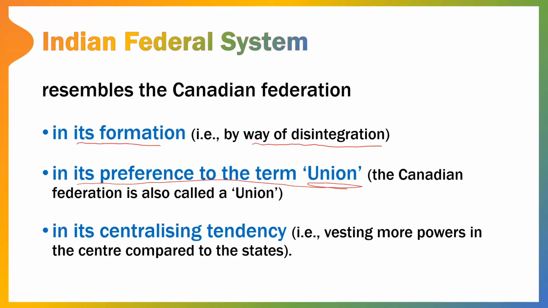We also prefer the term union, and the Canadian Federation is also called the Union of Canada. And thirdly, its centralizing tendency. That means vesting more powers in the center compared to the states, and we have the same thing. So we have most of the similarity with the Canadian Federation. That's why we can say that we basically resemble the Canadian Federation.